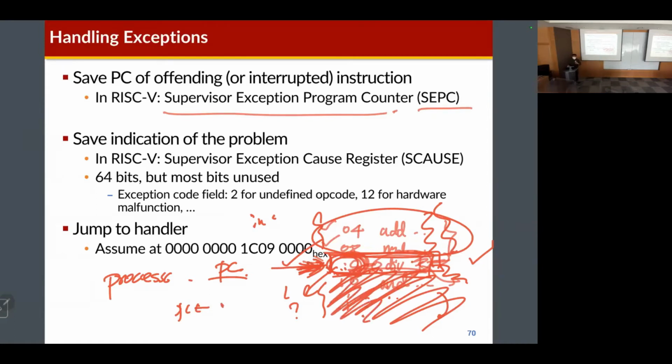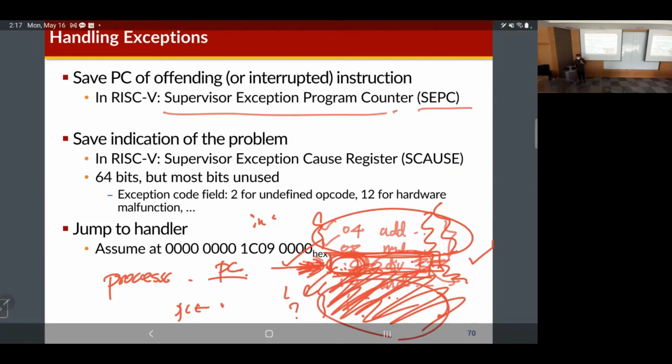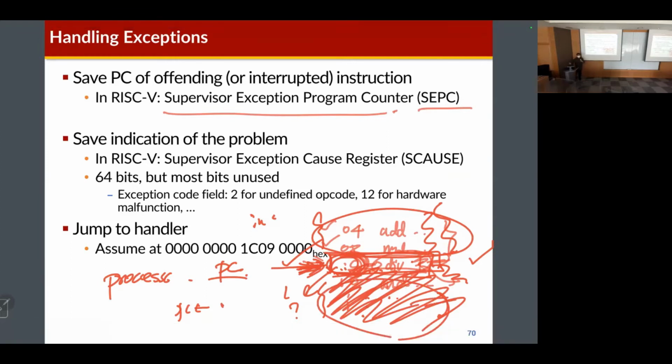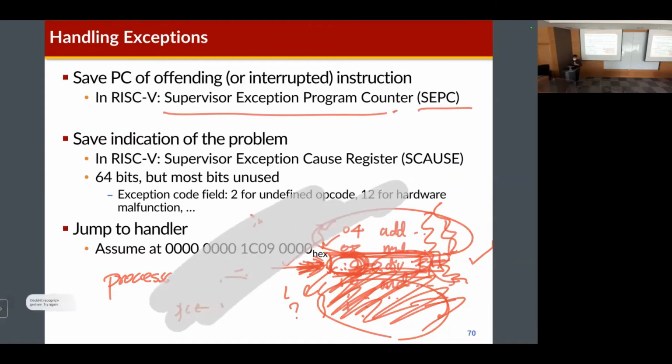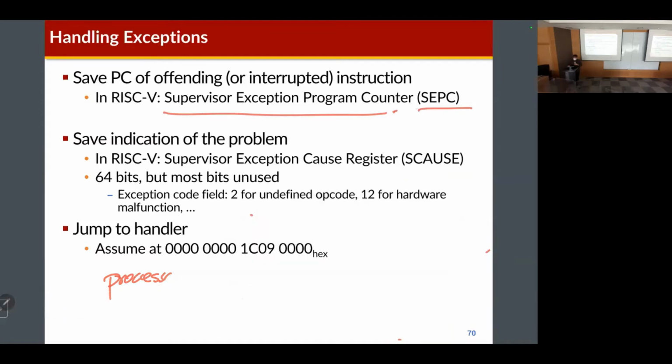And how about the following instructions? If the following instructions are already fetched in the processor, they are also flushed. That's how exceptions are handled in the processor. So in order to return the location of the exception, RISC-V has the SEPC register, which stores the program counter of the instruction that causes the exception.